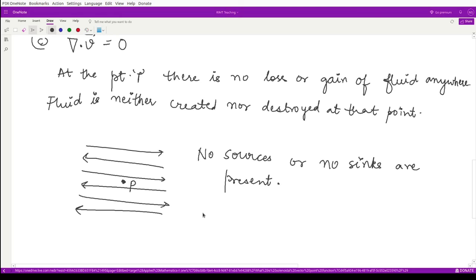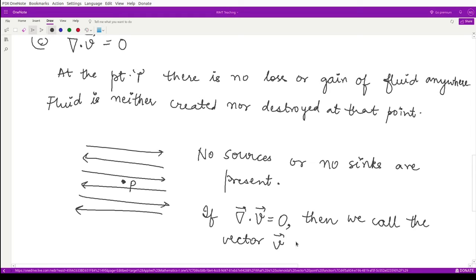So in that case, if the del of some vector V is equal to 0, then we call the vector V a solenoidal vector point function.